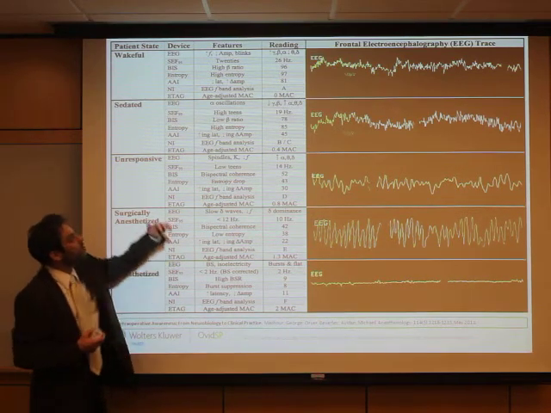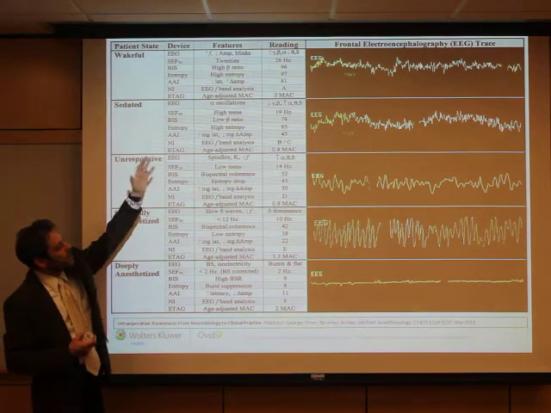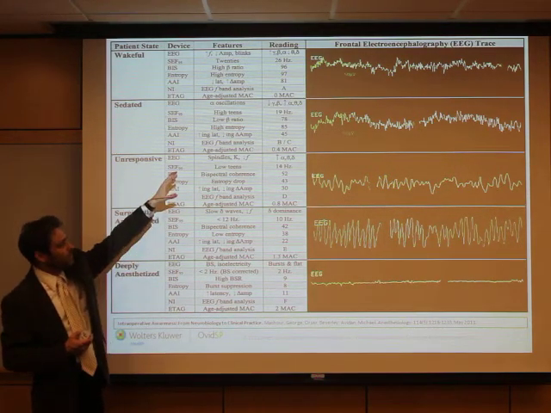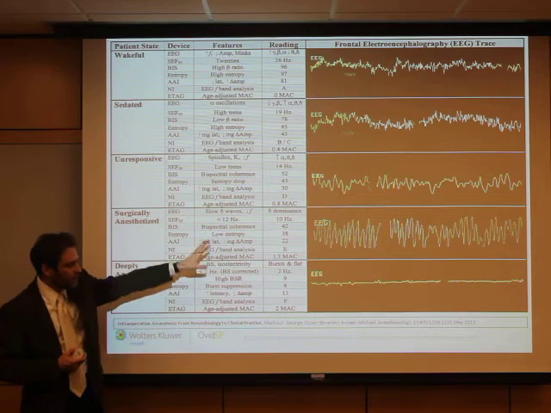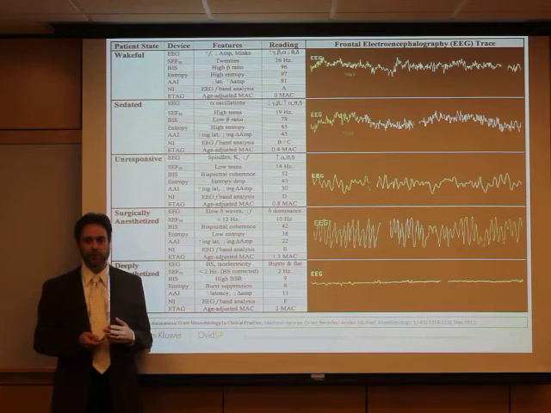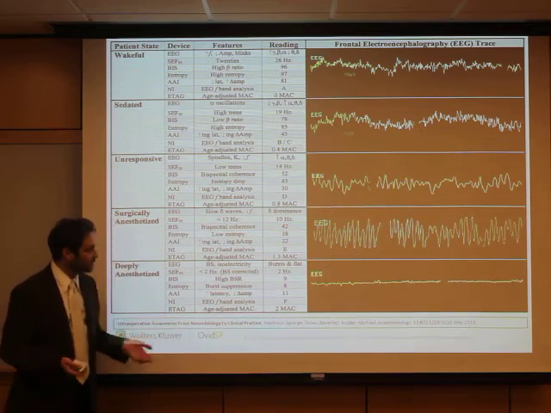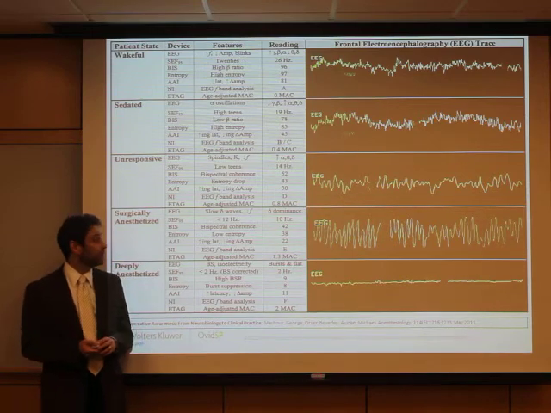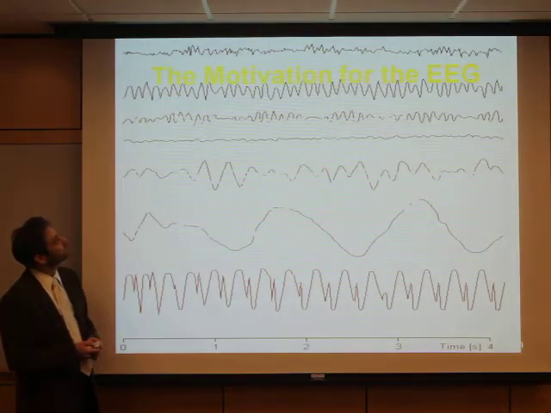So the EEG changes from a higher frequency, lower amplitude pattern, generally to lower frequency and higher amplitudes, and sometimes with spindles like sleep spindles, analogous to the type of sleep spindles you see in non-REM sleep.